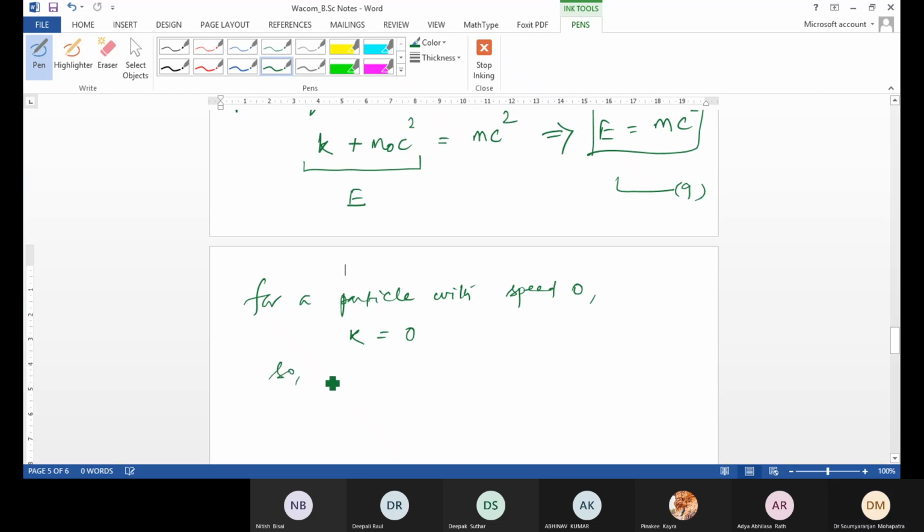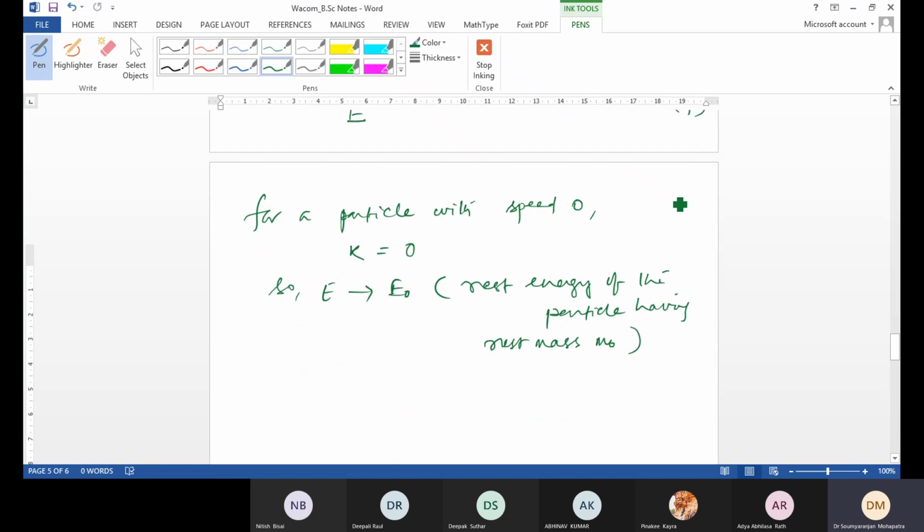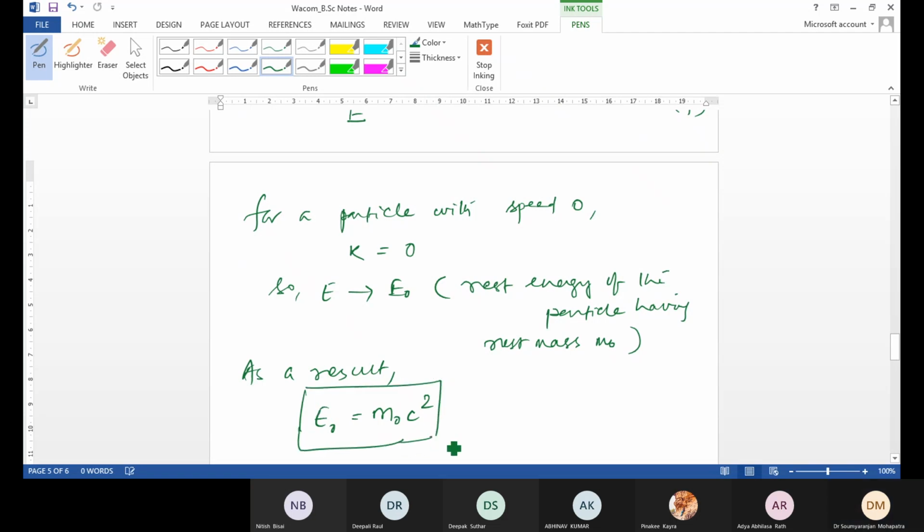So E becomes E naught, and this E naught is called the rest energy of the particle having rest mass m naught. Understood? So as a result, this E equal to mc square will become E naught is equal to m naught c square. Okay.